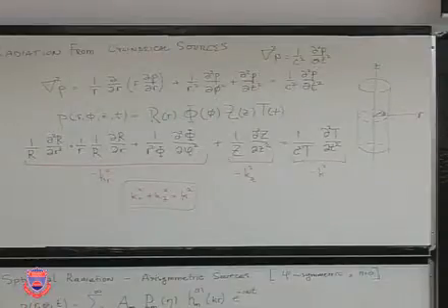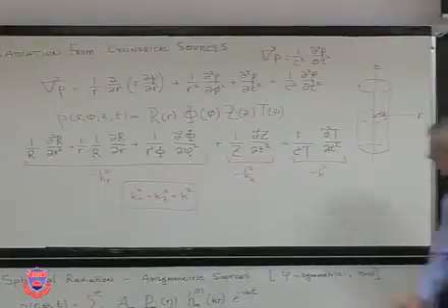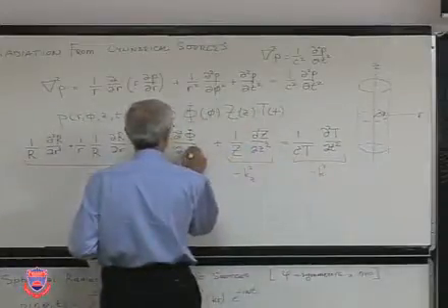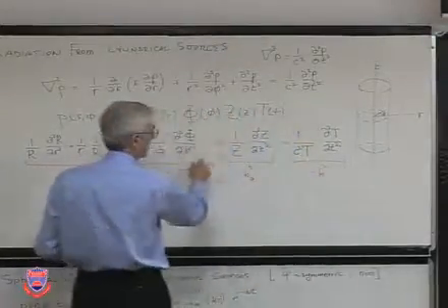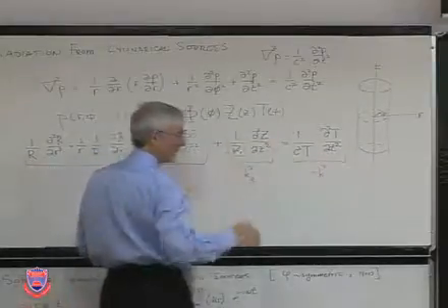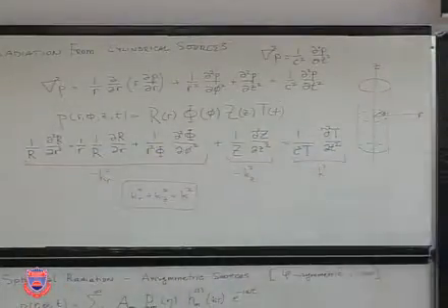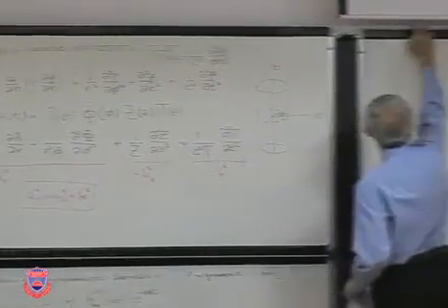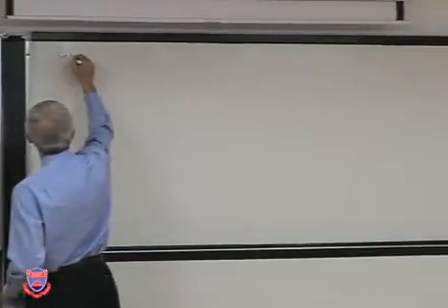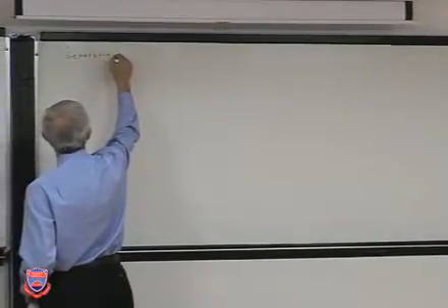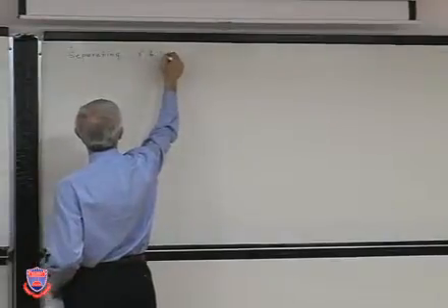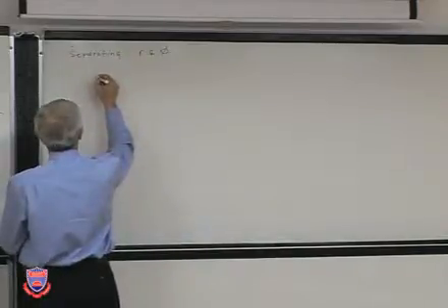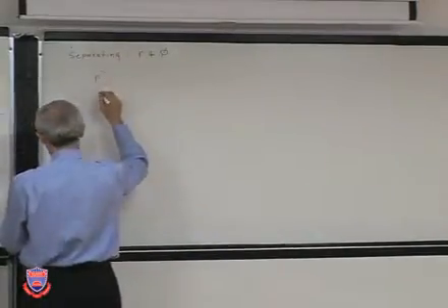I need to write this a little bit carefully, because I'm using phi both as a function and as the variable phi. So separating r and phi, we can now write r squared.